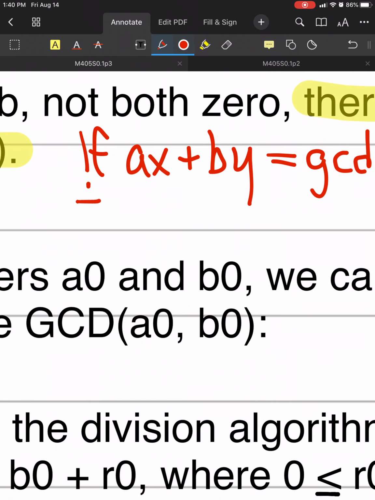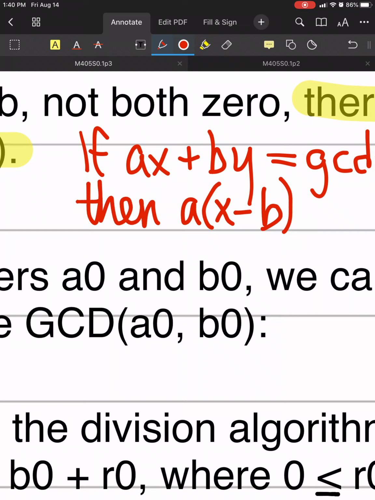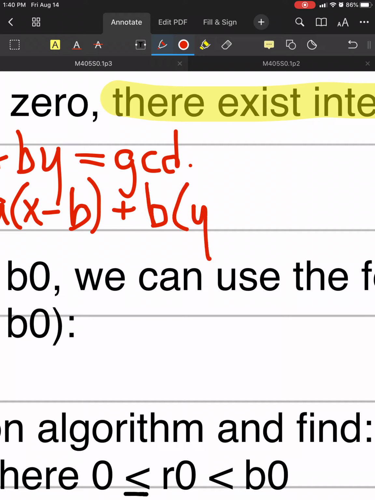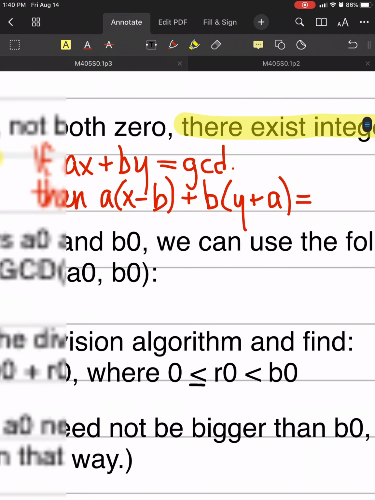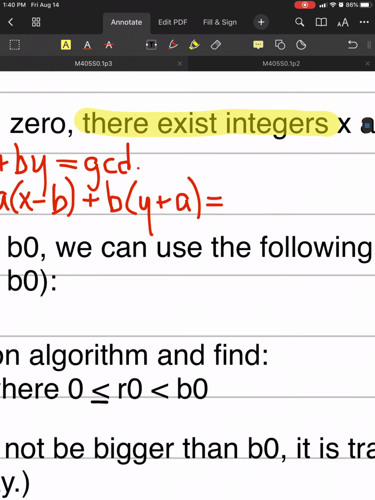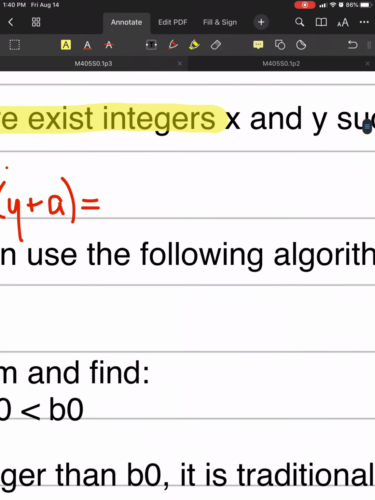We could say then also we're going to have a times x minus b plus b times y plus a. And this might be the example that you all came up with if you came up with one. What you'll wind up finding here is this gives us, what?